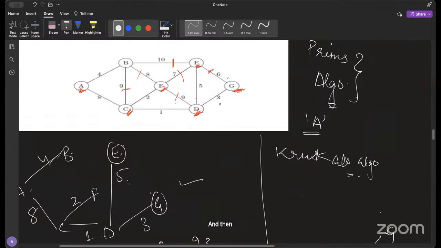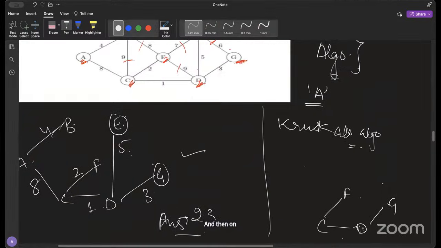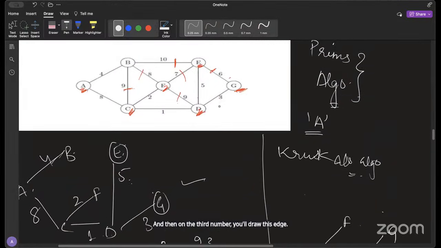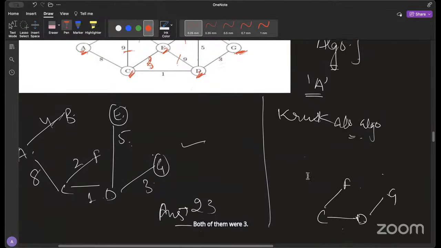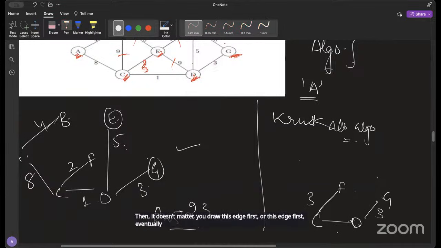And then on the third number, you will draw this edge. Let's say if this was also 3 and this was also 3, then it doesn't matter whether you draw this edge first or this edge first. Eventually, you'll have to draw both of them, unless they form a cycle.